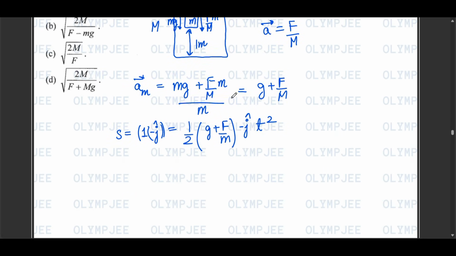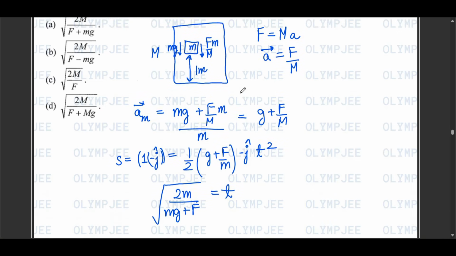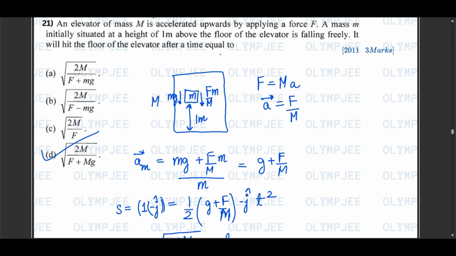So this will give us the square root of 2M divided by (Mg plus F) as the time, sorry, this was capital M, right? This will be capital M and this will be capital M. So the answer is option D. Hope this is clear, that we will take this force as the total upwards force, else you will get the wrong answer if you take F minus mg.